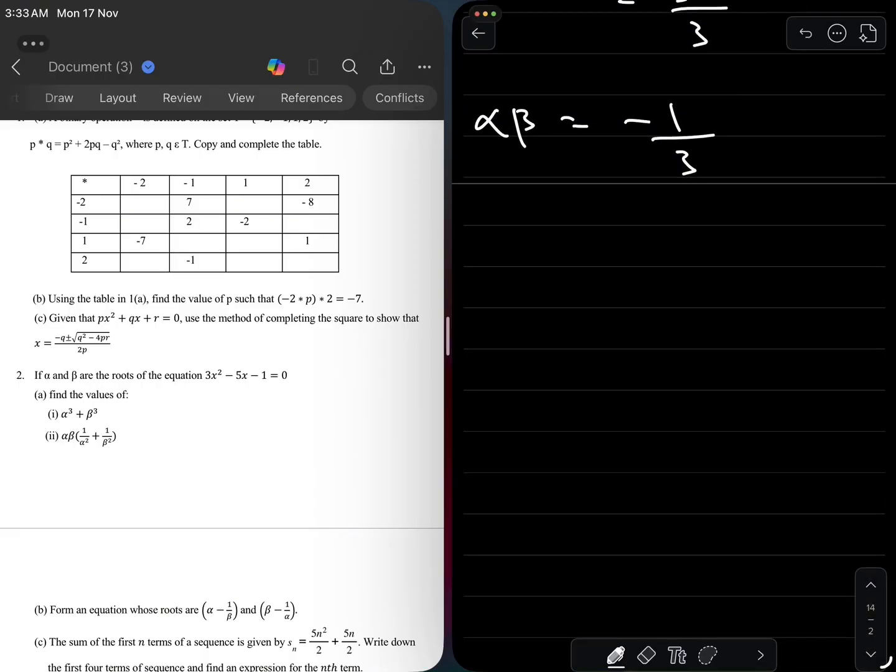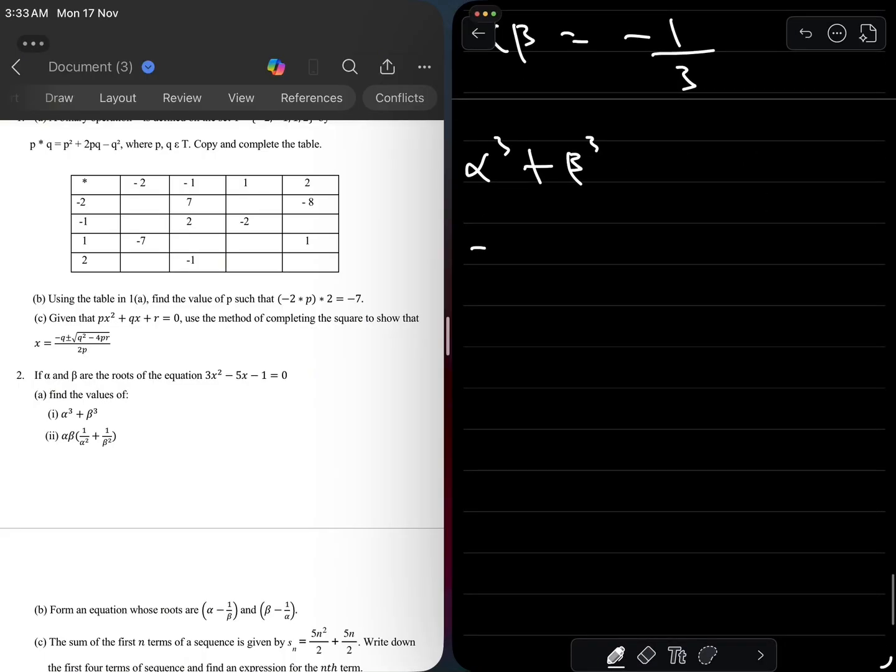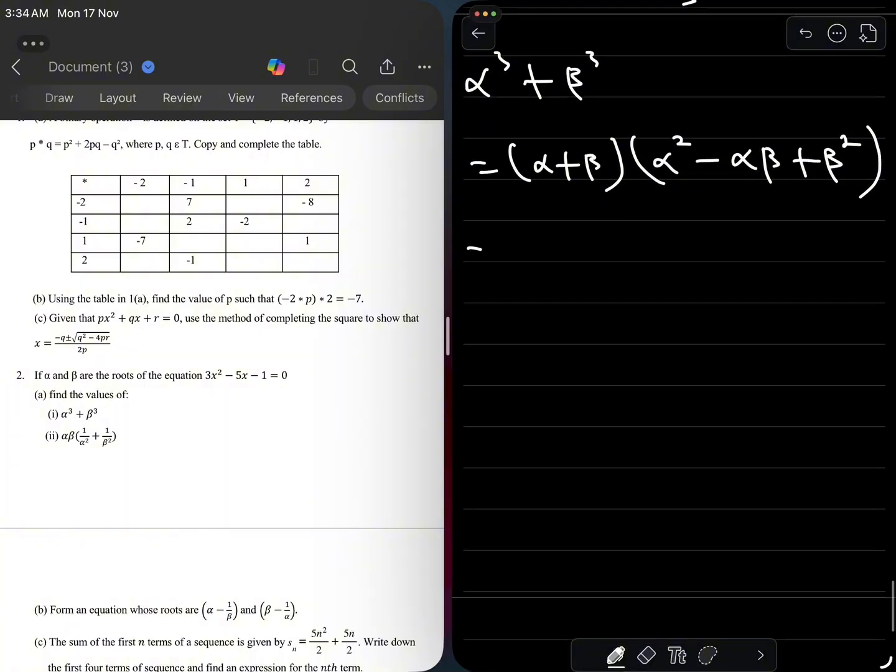Now, alpha cubed plus beta cubed is given by the formula alpha plus beta. I think I should write it on the next line. Alpha cubed plus beta cubed is equal to alpha plus beta into bracket alpha squared minus alpha beta plus beta squared. And that simply means alpha plus beta into bracket alpha squared plus beta squared minus alpha beta.